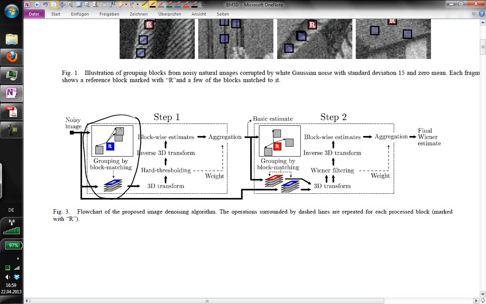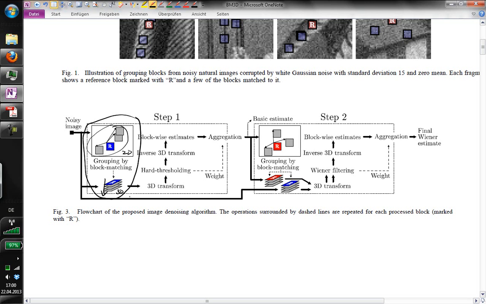Just like in non-local means, patches that are similar to the reference patch are found. They are then stacked here into a volume that has one dimension more. So let's say if my original image is 2D, then they are here stacked into something that is 3D. The patches are usually sorted by proximity to the reference patch along this new artificial dimension.